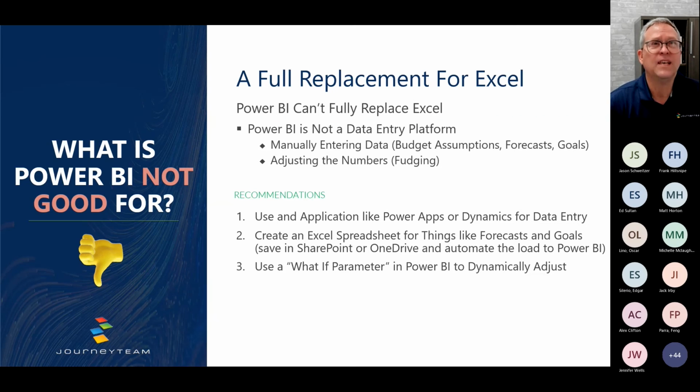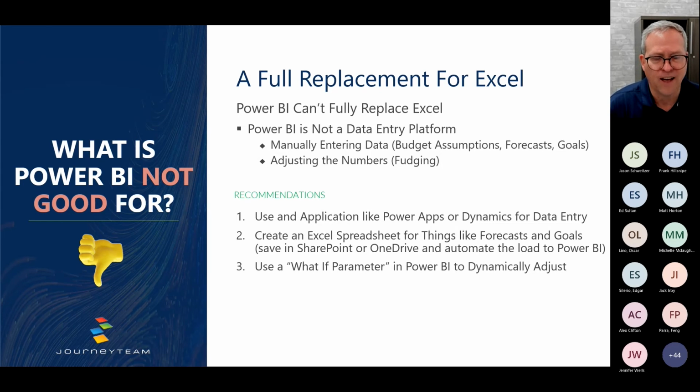So an example would be if you were using your current sales to forecast your projected revenue, you could create a what if parameter that incremented by 5%. And you could have 5%, 10%, 15%, 20% created in a what if parameter.